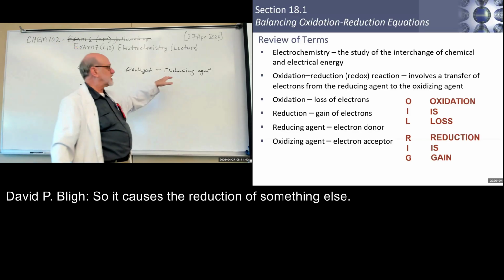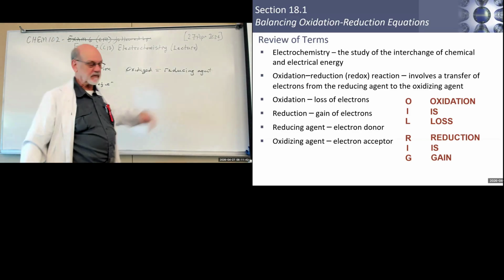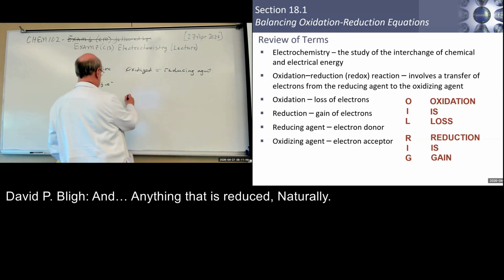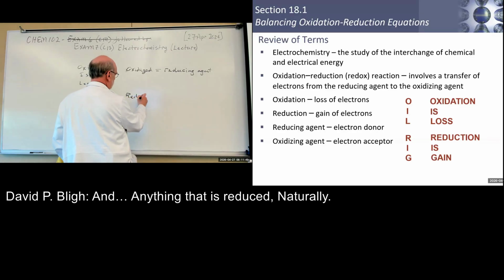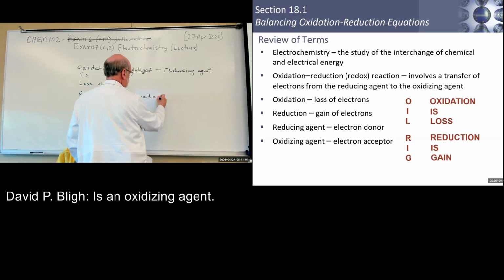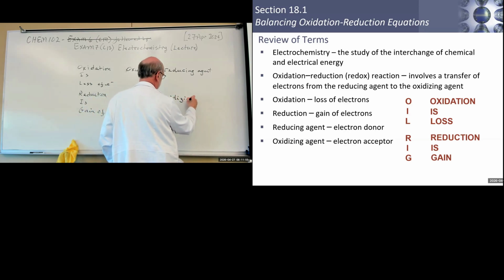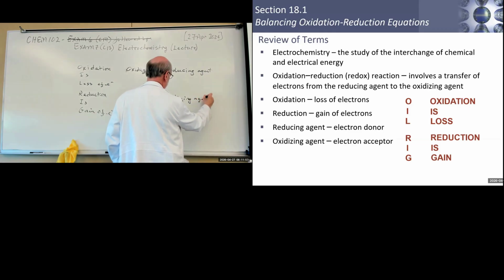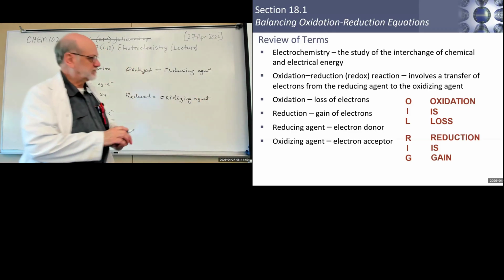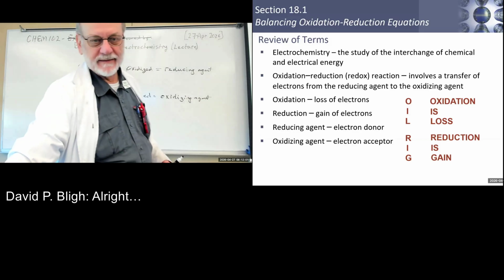So it causes the reduction of something else. And anything that is reduced naturally is an oxidizing agent. Okay. All right.